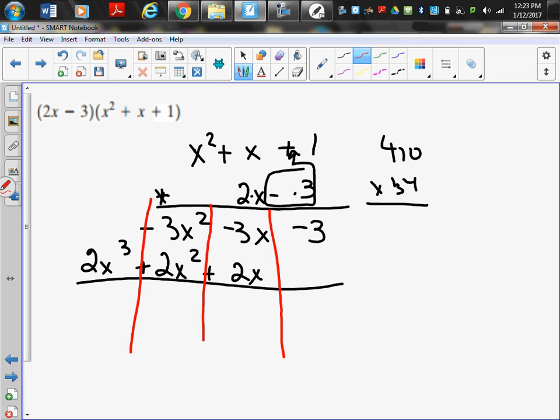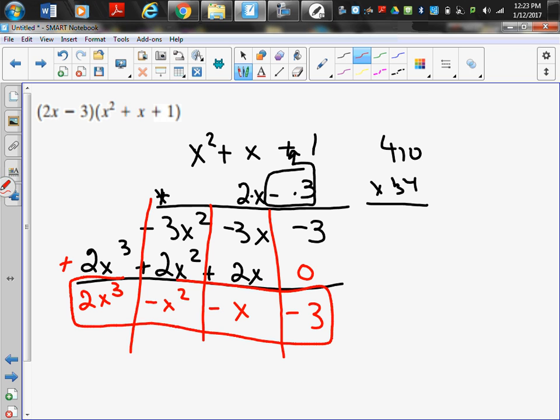So negative 3 plus 0 is negative 3. Negative 3x plus 2x, negative x. Negative 3x squared plus 2x squared is negative x squared, 2x cubed. There's your answer.